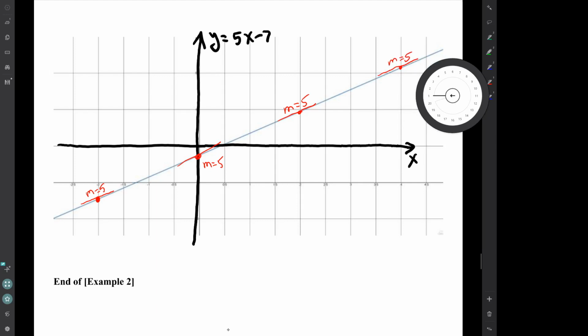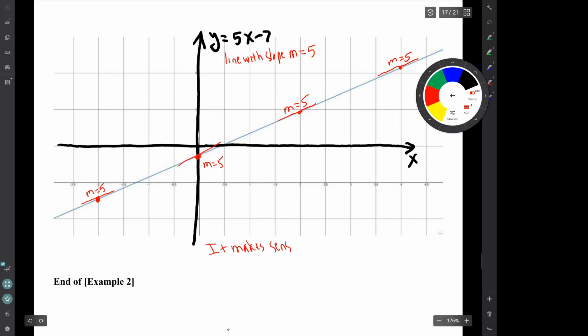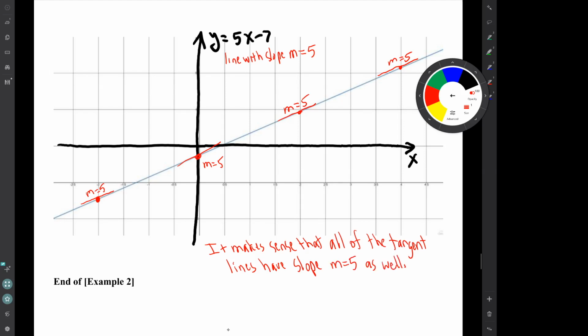So these results make sense because the graph of the function is a straight line with slope m equals 5. So it makes sense that all of the tangent lines have slope 5. That's the end of example 2.